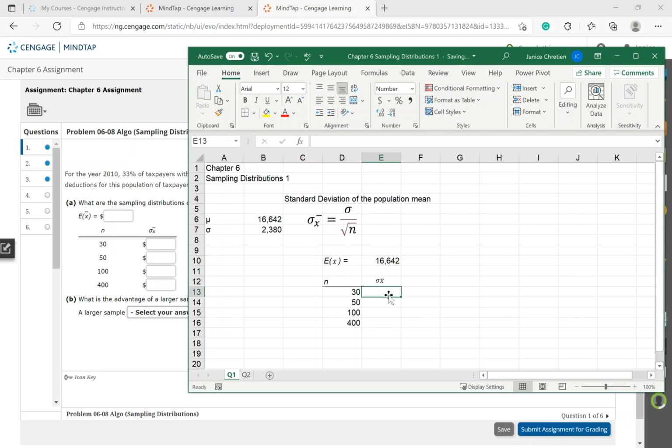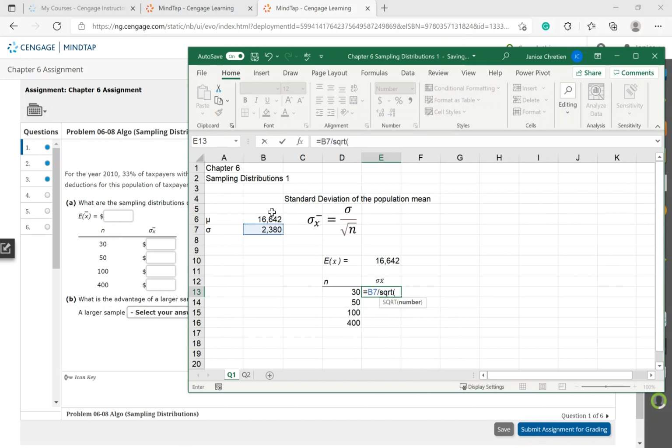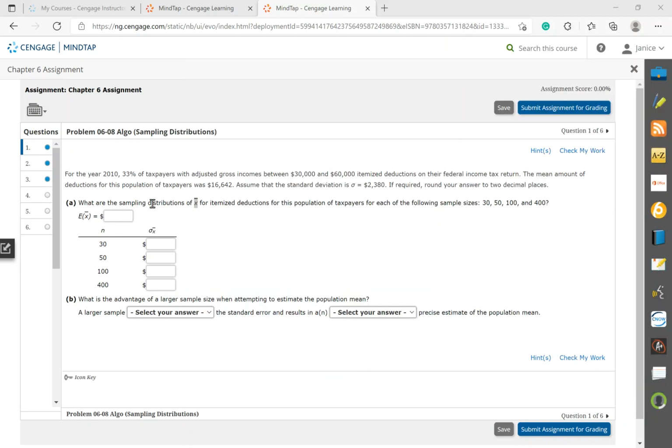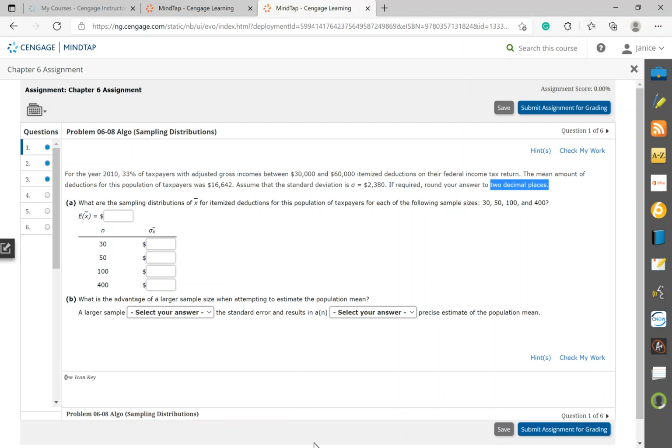And now here I'll simply plug in this equation, which will be equals my standard deviation divided by the square root of my n, which is my sample. And make sure that you always follow how many decimal places it wants you to have, or you will be getting answers wrong and it'll drive you crazy.